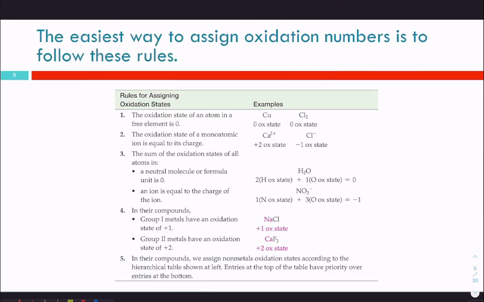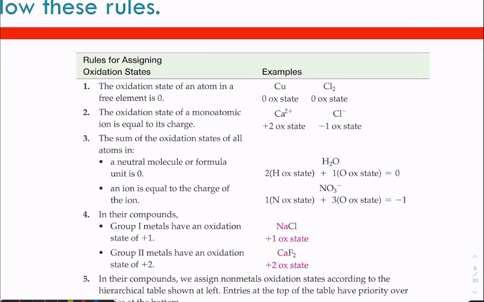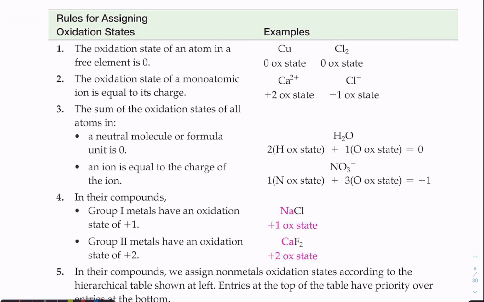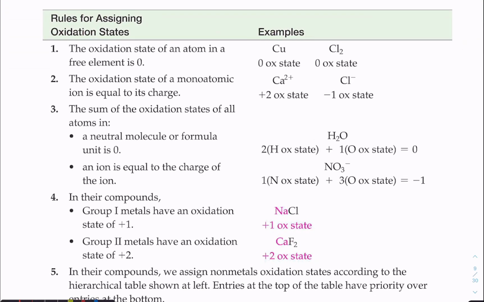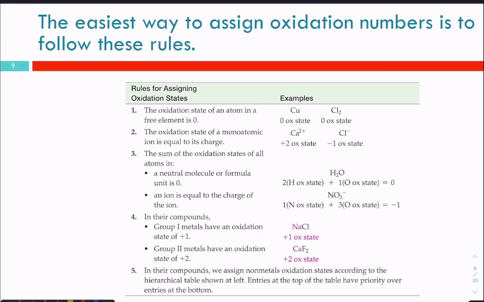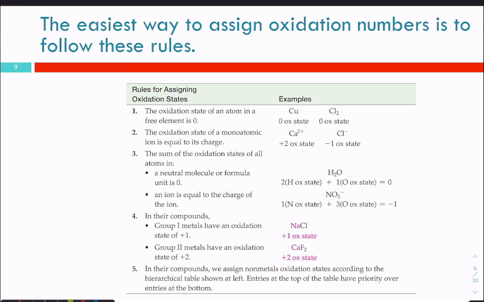So this is the oxidation number rule chart. The oxidation state of an atom in a free element, we covered that one, is 0. So if you have a free element, always 0. If you have a monoatomic ion, then the oxidation state is equal to the charge.